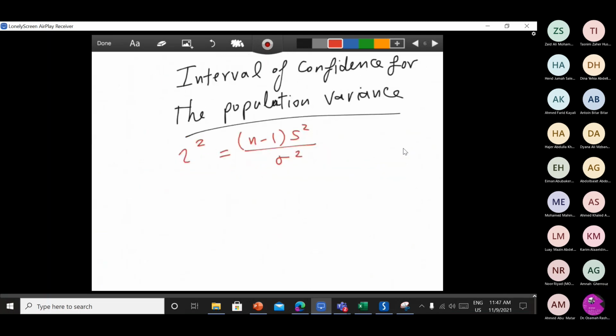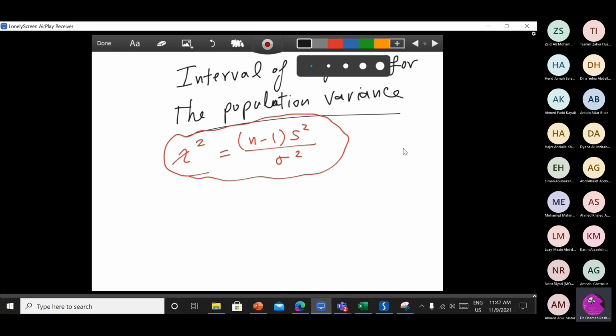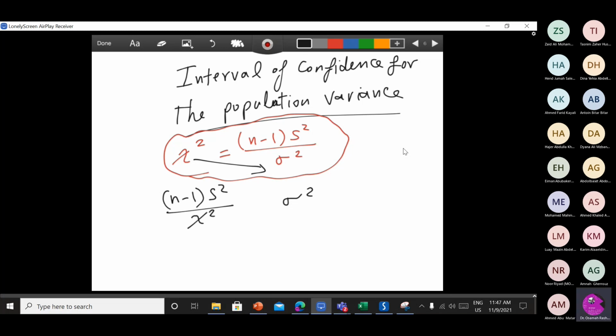Now, this is the chi-square. Again, you just multiply like this, so you will have sigma square on one side and chi-square on this side, right? So sigma square will be n minus 1 times s square over chi-square.